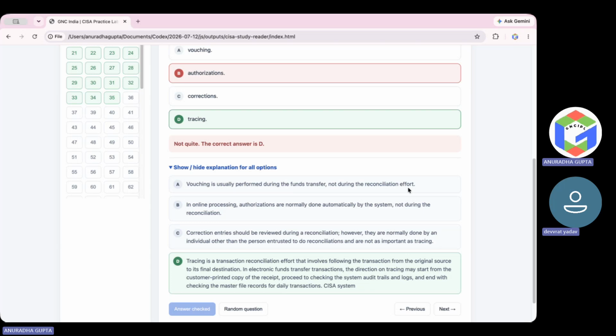In an electronic fund transfer transaction, the direction of tracing may start from the customer's printed copy of the receipt, proceed to checking the system audit trail and logs, and end with checking the master file record for daily transactions, as per the CISA system.